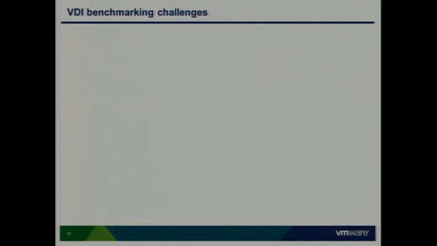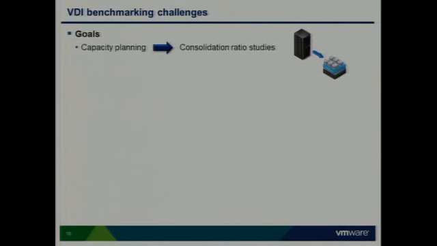Let's take a look at what the goals are here. Very simple, three goals. Capacity planning, which translates into consolidation ratio studies. You need to make sure that any tool or any characterization that you do has to scale well. While you're doing the consolidation ratio studies, you need to make sure that you have a set standard for your users.